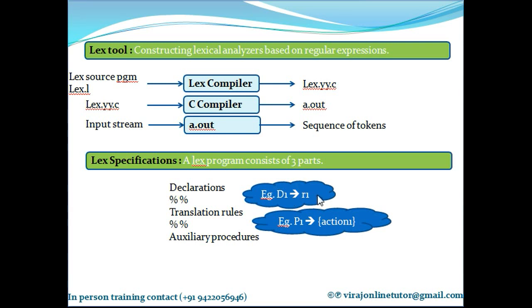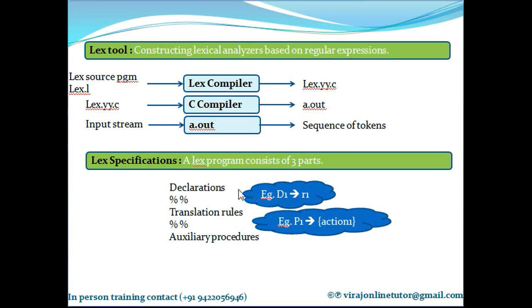D1 gives R1: R1 is a regular expression to which I give a name called D1. So these are regular definitions. We have just seen what a regular definition is: one in which I can give names to regular expressions, and also include these names in further regular expressions as if they were symbols.